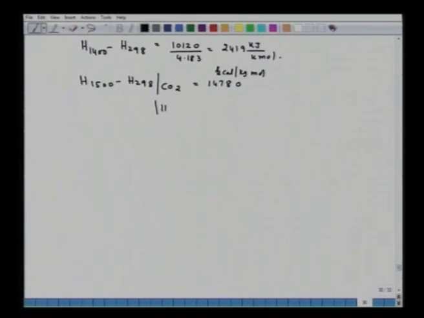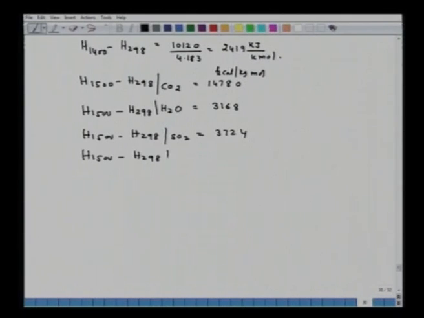For H2O it is equal to 3168. For SO2 it is equal to 3724. For O2 it is 9711, and for nitrogen it is equal to 9186.